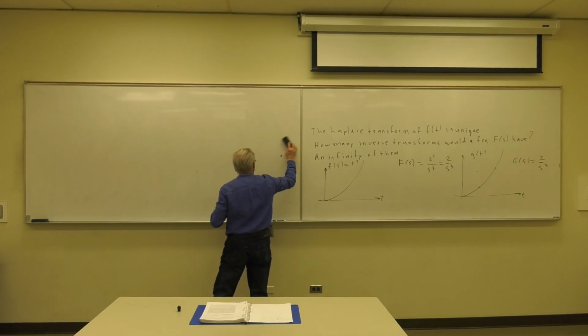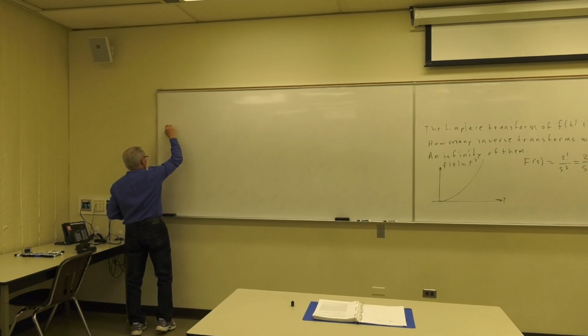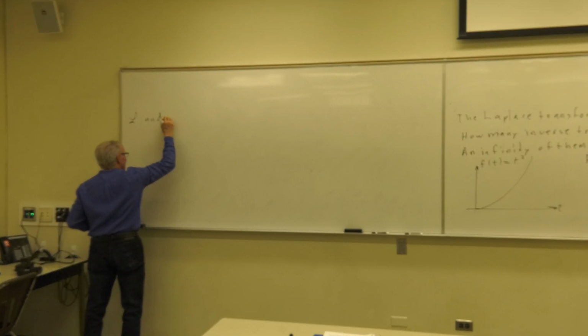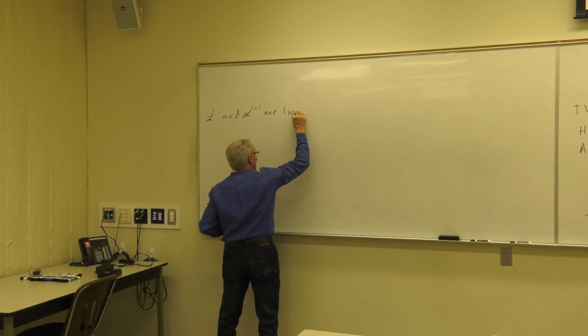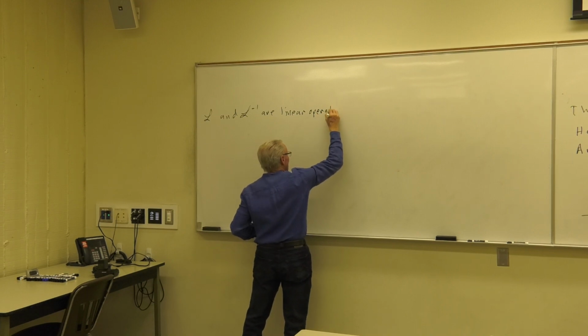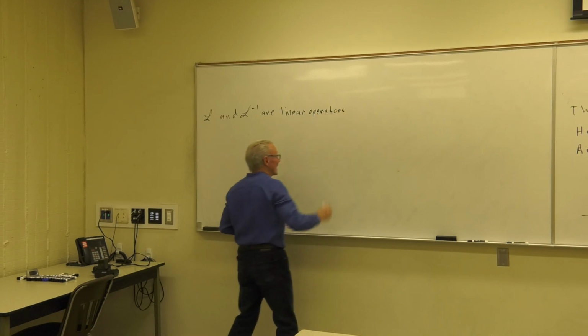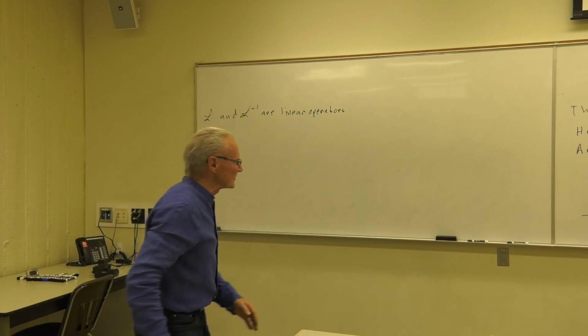A couple of quick properties. In fact, I already used one of them. L and inverse L are linear operators. I actually used that when I derived the Laplace transform of the cosine function. What does that mean?